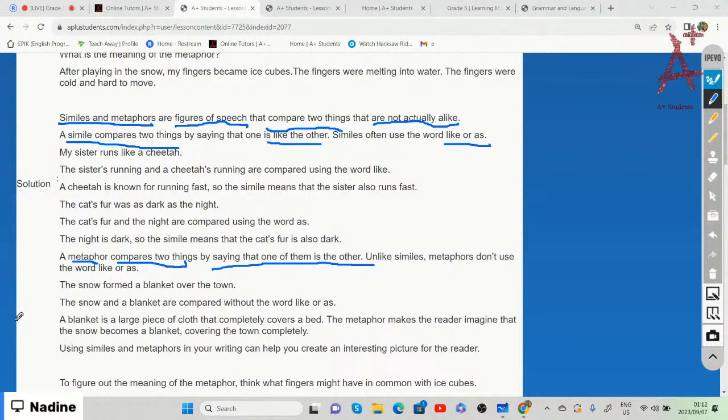And then we have a metaphor, which compares two things by saying that one of them is the other. So when it comes to metaphors, we do not use the words like or as.